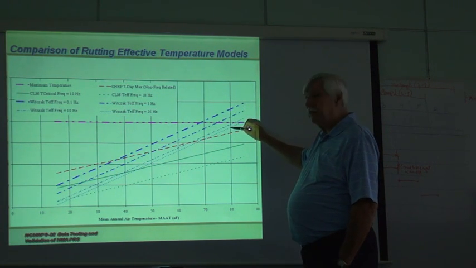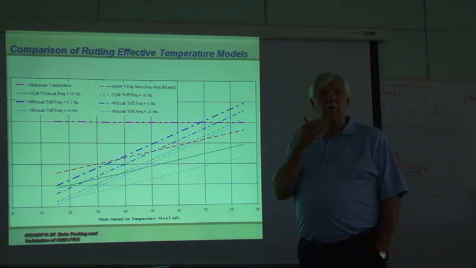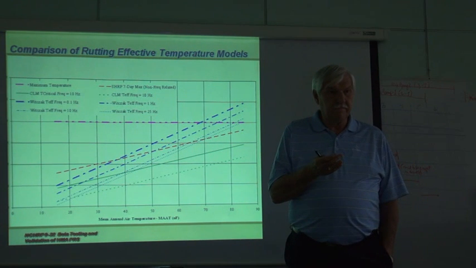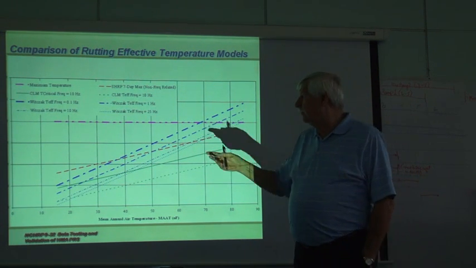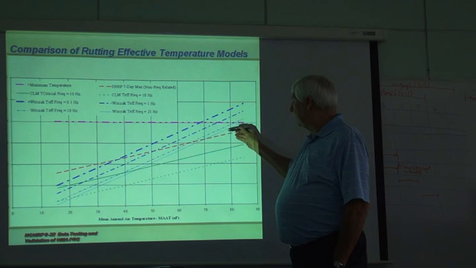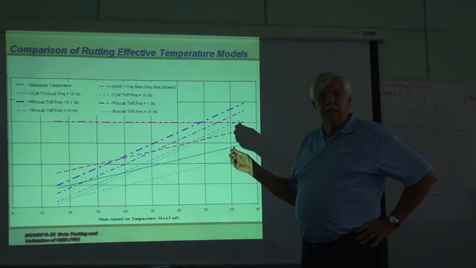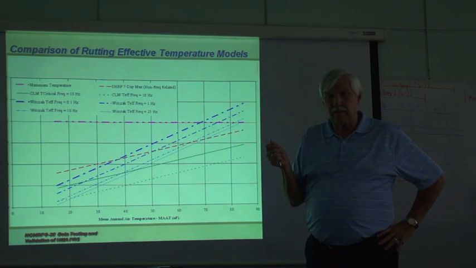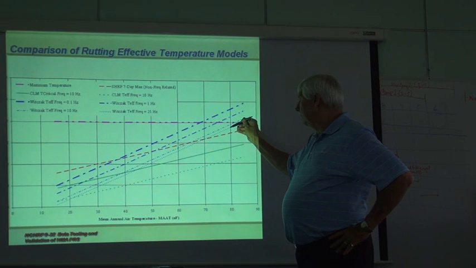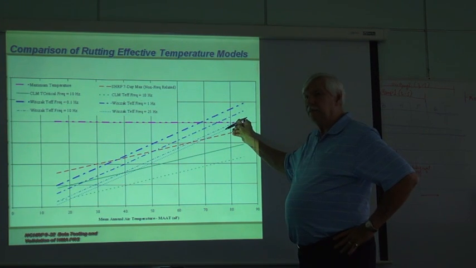This may be 135. What happens here is that the slower the traffic moves, okay, if you look at the frequency effect here, if I have an interstate highway or a high-traveled highway, because my stress pulse is so quick, I'm going to have an effective temperature maybe a little bit less than 140.